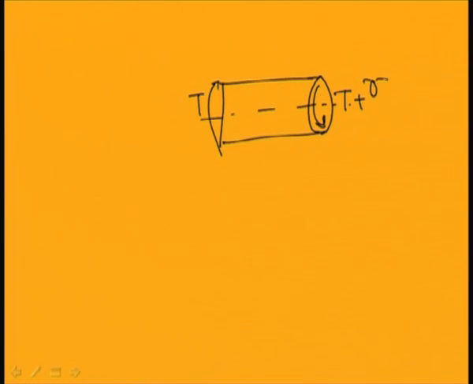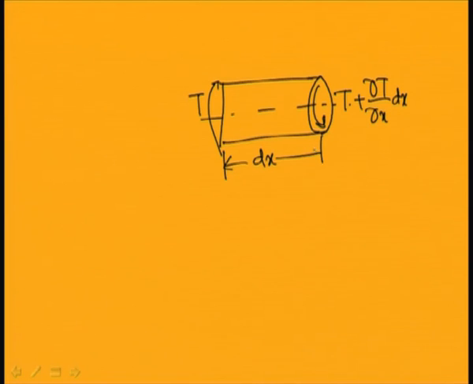In this small section, which is subjected to a torque, let the torque on this side be T. On the other side the torque will be T plus del T by del x into dx, because I have taken an elemental length of dx.